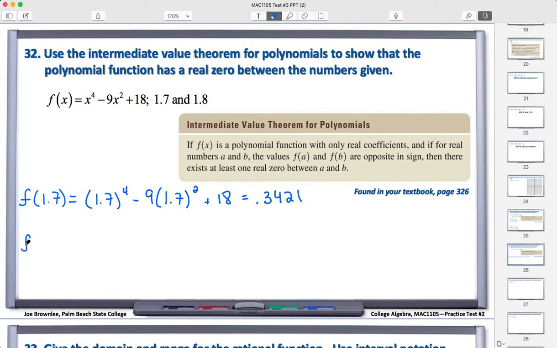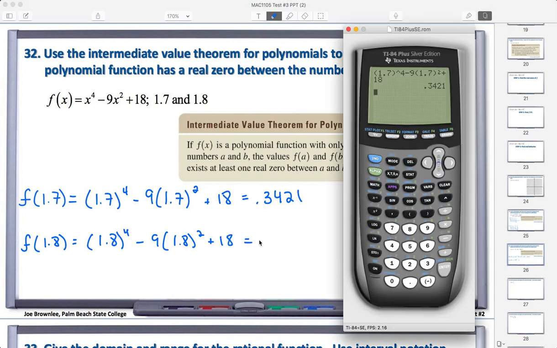Now when we find f of 1.8, we should expect to end up with a negative number. But let's see what happens. Again, we'll return to our calculator.